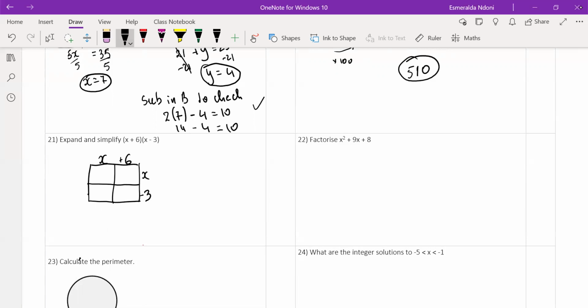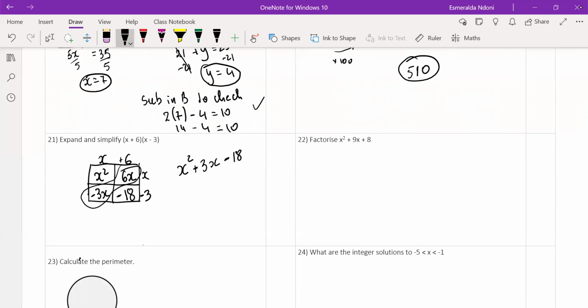And then we'll do this multiplication. x times x, x squared, 6 times x, 6x. 6, sorry, this 6 times negative 3 is negative 18, and x times negative 3 is negative 3x. All we have to do now is collect like terms. So we have an x squared. When we collect positive 6x with negative 3x, would give you a positive 3x. And then the negative 18 cannot be collected.